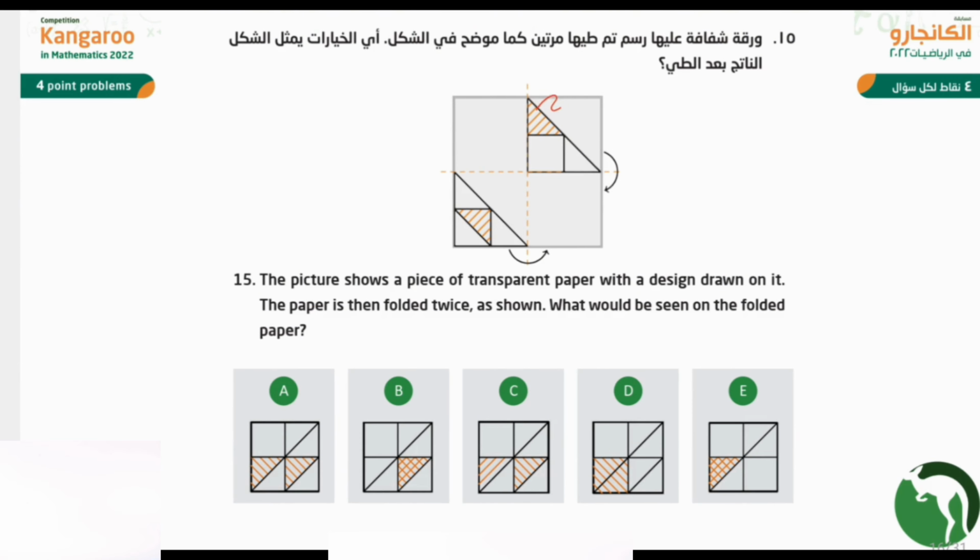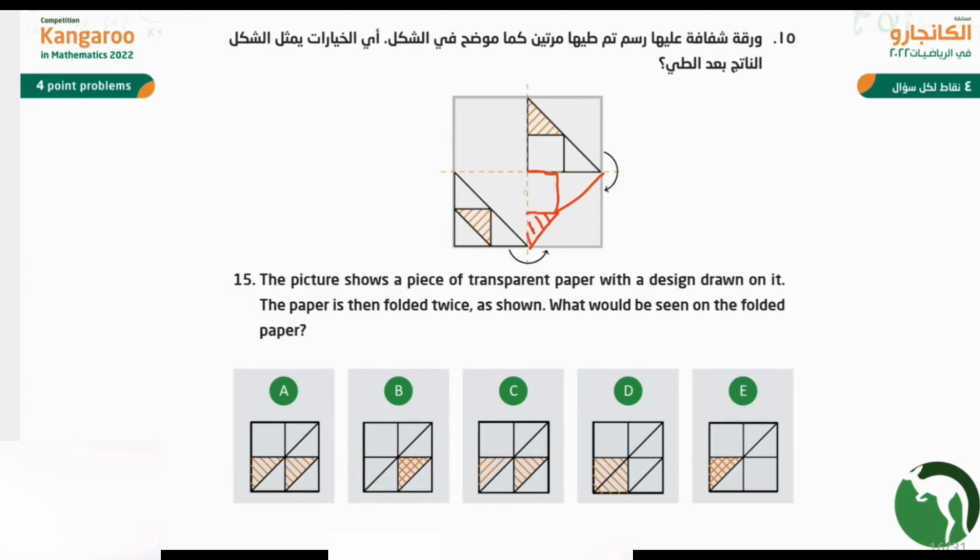So now this small triangle will be reflected here in this place like that, and the lines would be like this in the opposite direction, and we will have here this rectangle, and then we will have the complete rest of the triangle here.